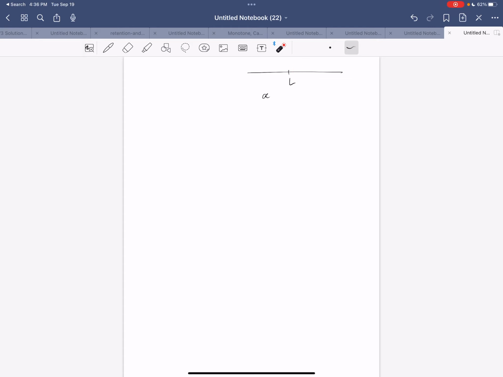So there was a homework assignment that included the proof that if alpha is less than or equal to every number that's greater than or equal to beta, then alpha is less than or equal to beta.